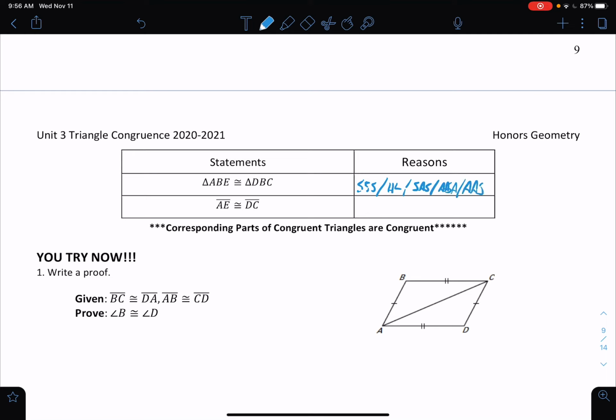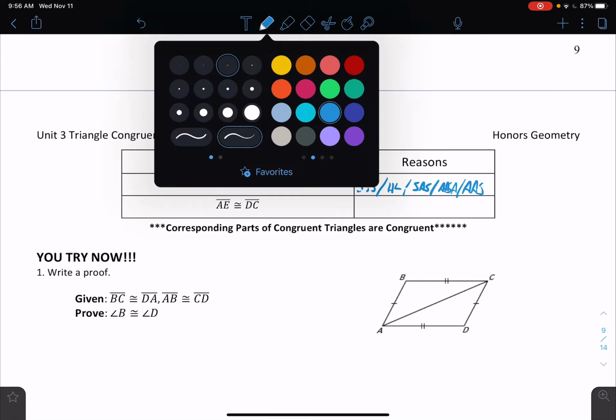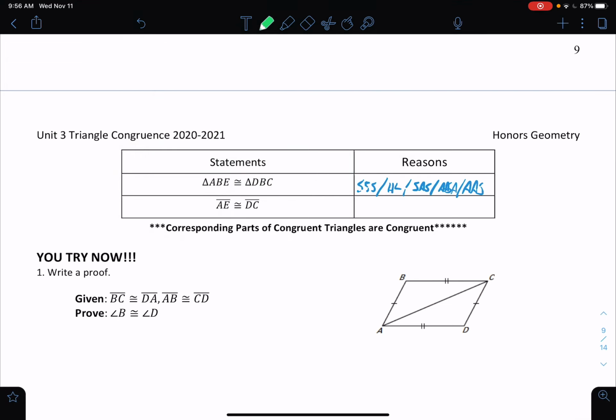So if your reasoning for your triangle being congruent is one of the theorems we're going to talk about, then you can say, once those triangles are congruent, AE is congruent to DC because of this reasoning right here. If we have congruent triangles, then the corresponding parts in those triangles have to also be congruent.